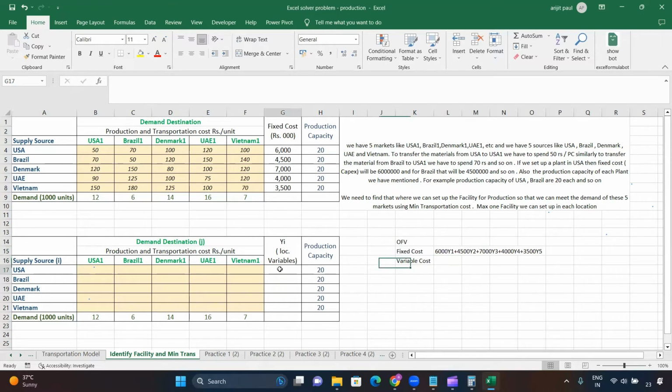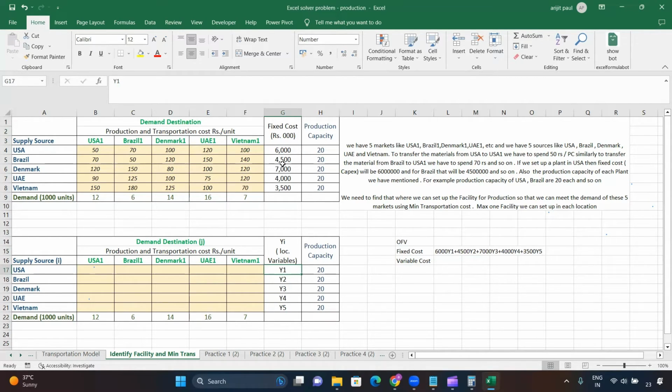Now what is Y1? This is Y1. This is Y2. This is Y3, Y4, and Y5. So why have I mentioned it this way? Now look, we need to spend around 6 million if we set up the plant at Y1, that is USA.